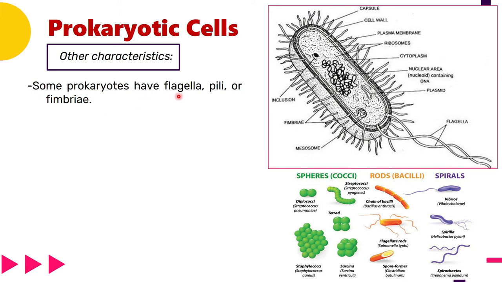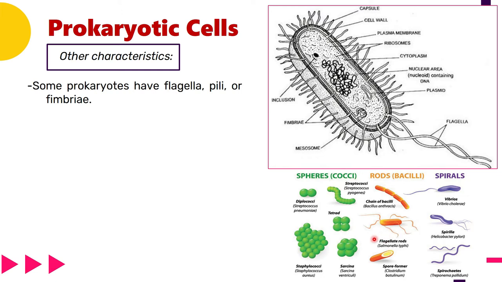For example, here we have this species of bacteria, Vibrio cholerae. We have Helicobacter pylori, which causes ulcer. Okay? Another prokaryote species that has flagella, we call that Salmonella typhi.